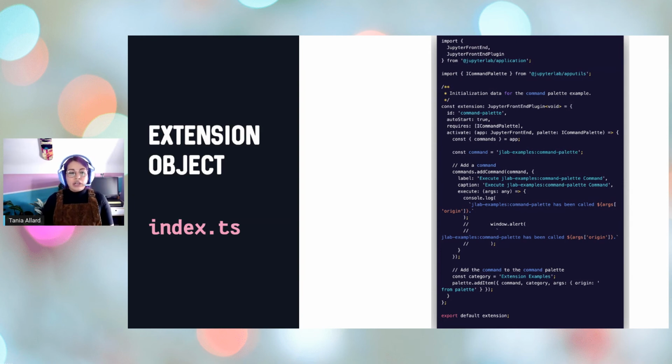And that's where you're actually importing those dependencies like JupyterLab application, JupyterLab notebook, JupyterLab Lumino, for example, depending on what you're doing. And this index is an extension object that runs everything. This is going to do all of the functionality of your app. So make sure that everything is contained there.